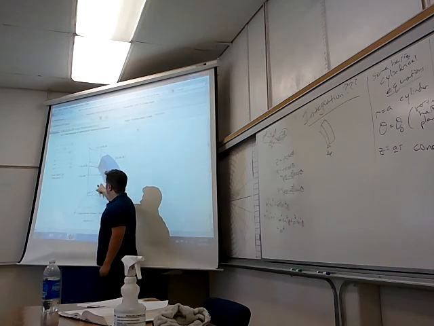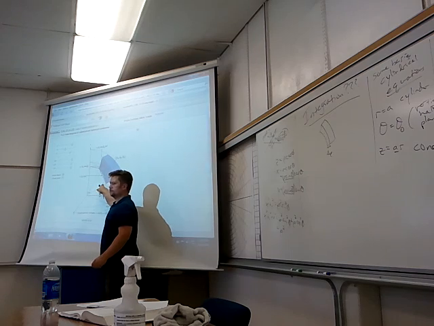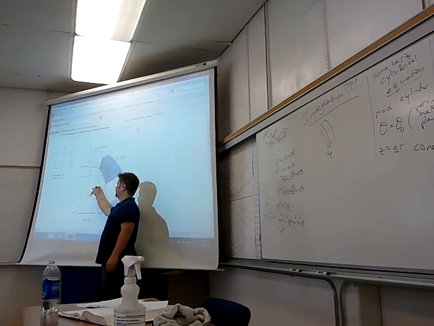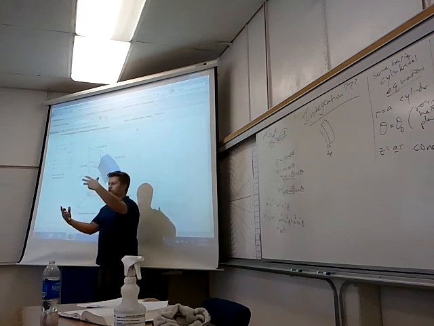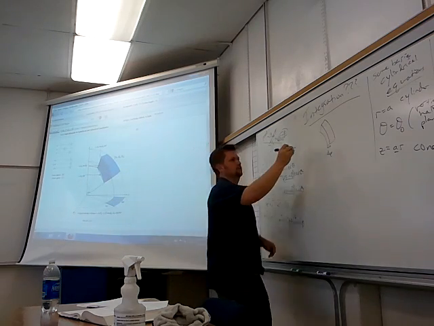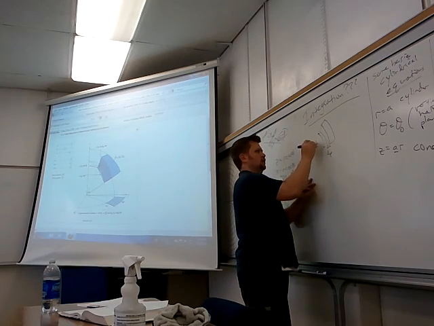It's related to phi, because this is phi at one point, this is phi at the other side. So delta phi is the angle between those two. To make it an arc length, I have to multiply it by rho. So this arc length here is rho delta phi.